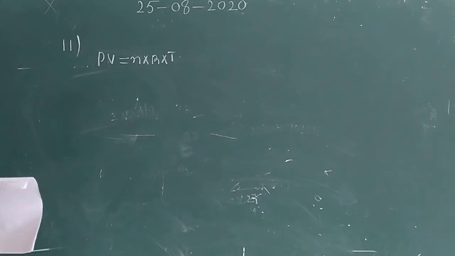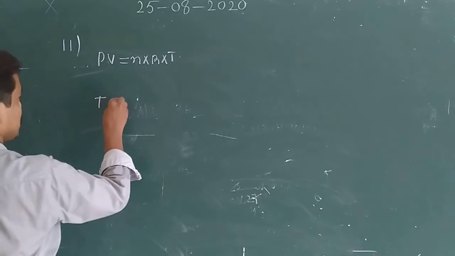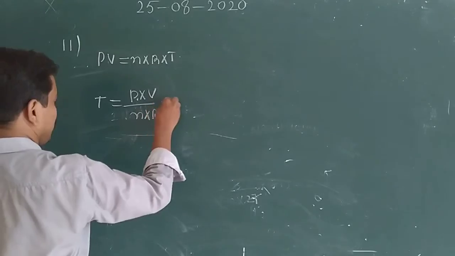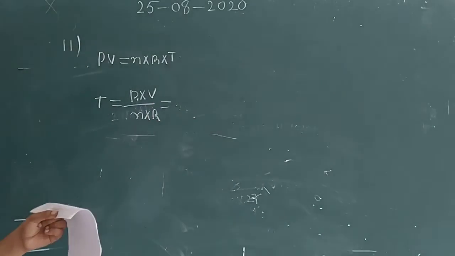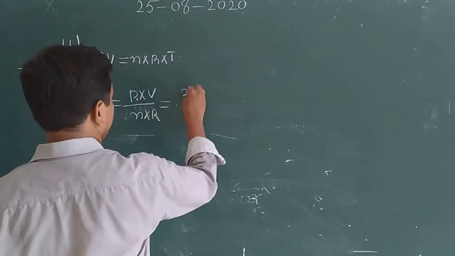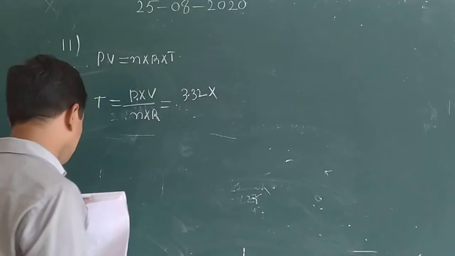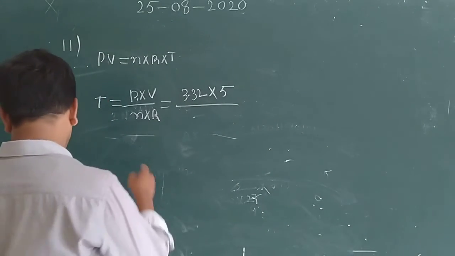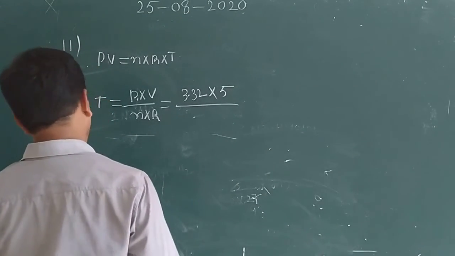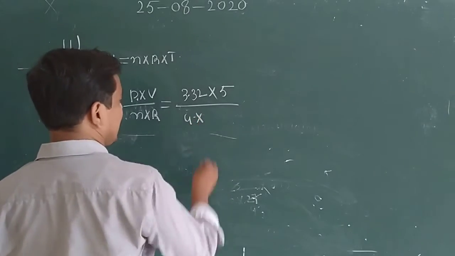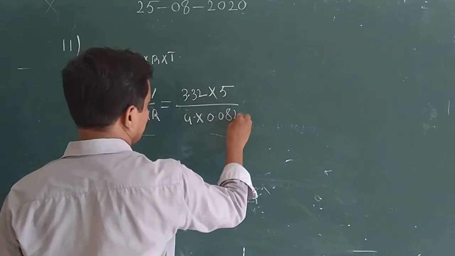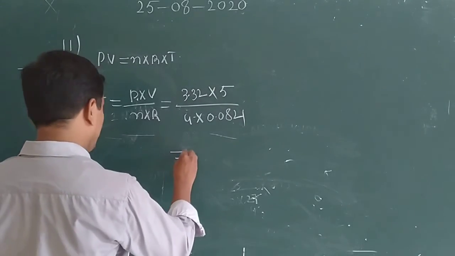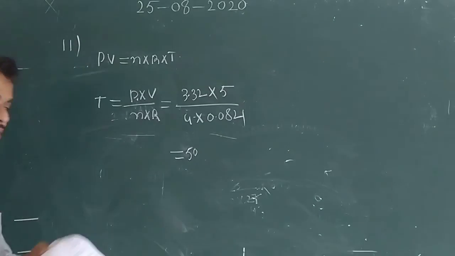He is asking us to calculate the temperature. Temperature is equal to PV by nR. So listen student, pressure is given as 3.32 and V is given as 5 dm cube, which means 5 liters, n is given as 4 moles, R is given as 0.0821, students. If you do the entire calculation, you can obtain 50 kelvins, students.